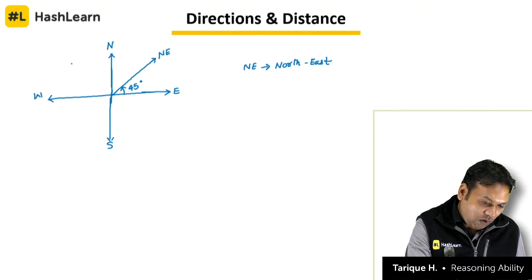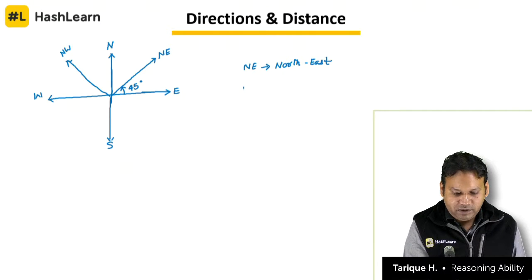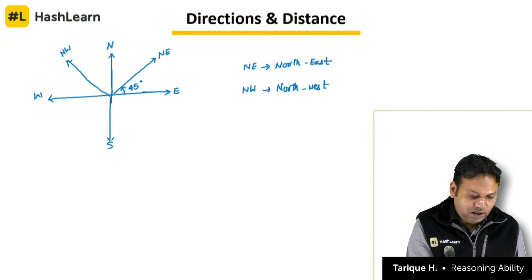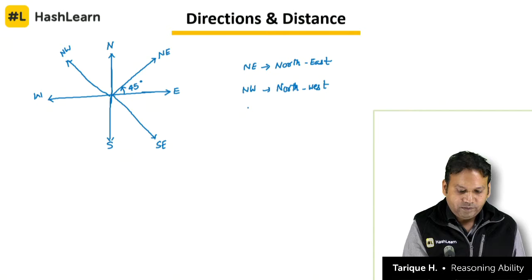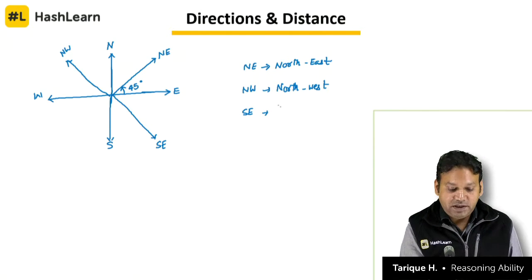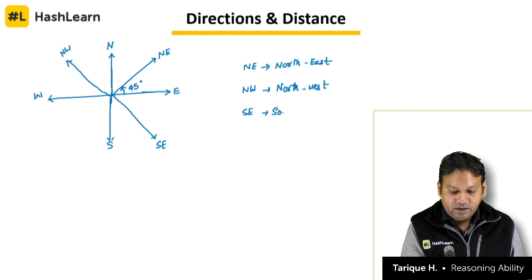Now between north and west what do we have? We have the northwest, NW. So NW stands for northwest. Now between south and east we have southeast. SE stands for southeast here, and between south and west we have southwest.